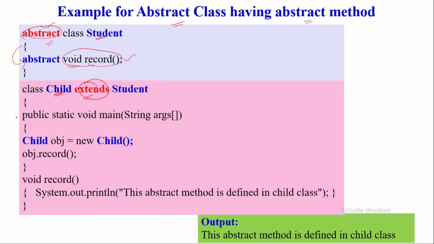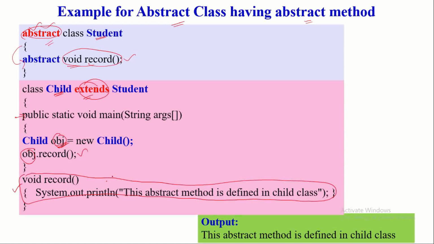Inside the main method, whenever the abstract class is used, the object must be created only for the child class. So the object is created, and with the help of the object, the record method is invoked. Here you can observe the definition for the abstract method of the abstract class is defined inside the child class.